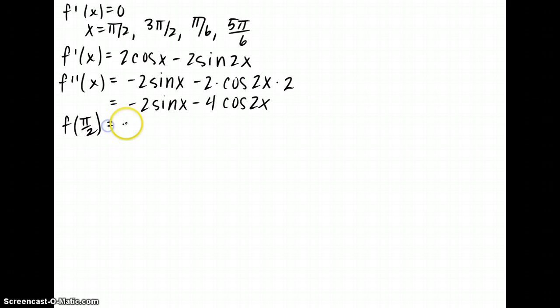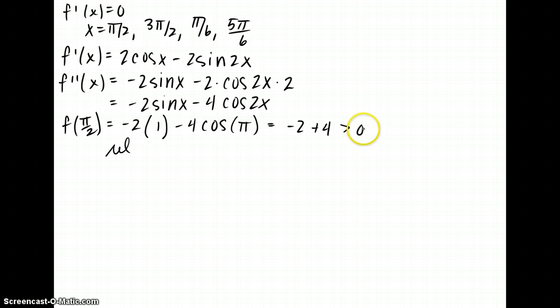Plugging in pi over 2, sine of pi over 2 is positive 1. 2 times pi over 2, however, gives us cosine of pi. Negative 2 plus 4. Positive second derivative, concave up. Therefore, a relative minimum occurs at pi over 2.